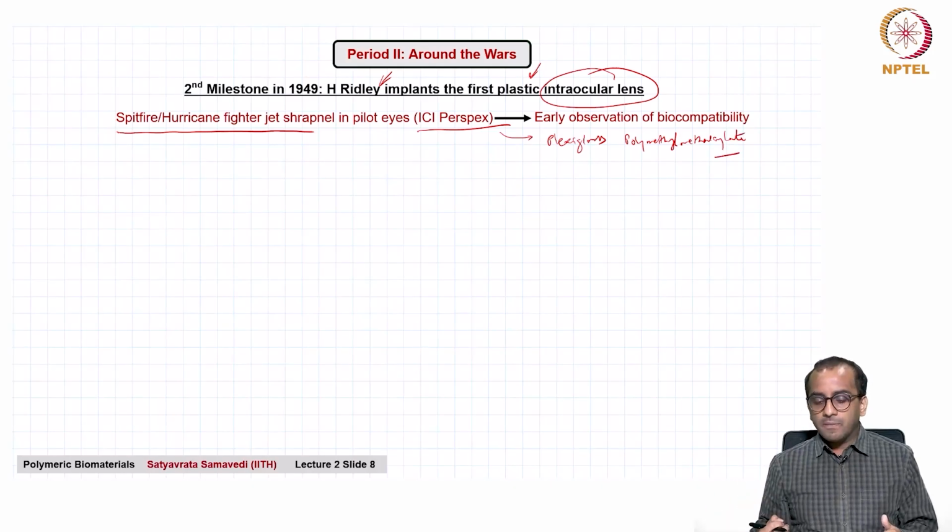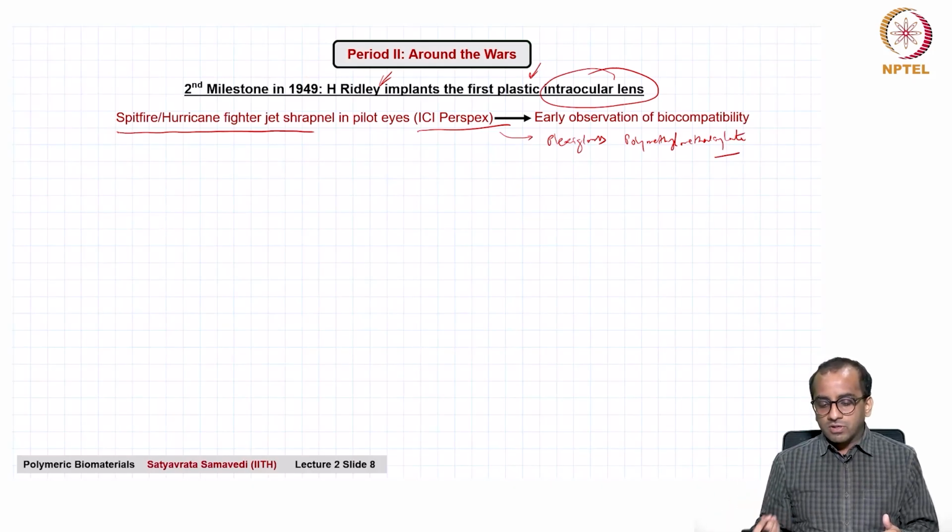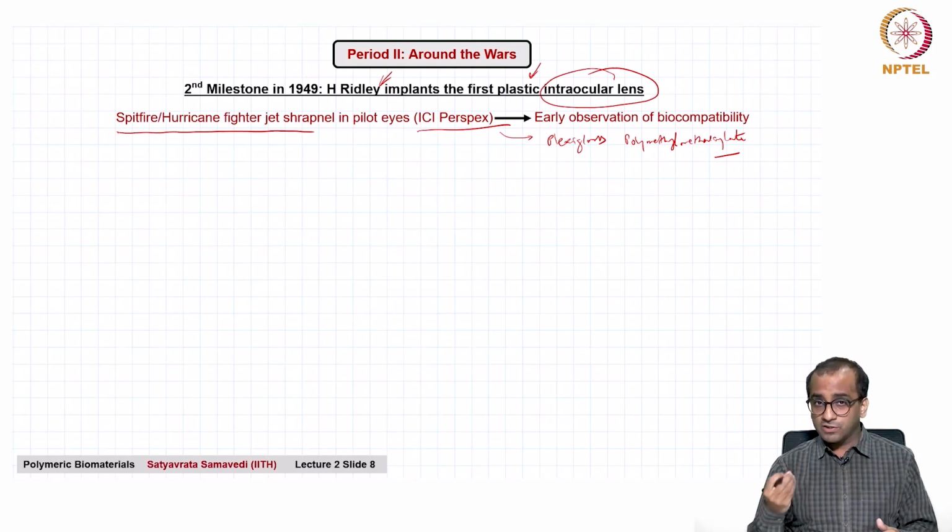It is a polymer, and what had happened was, because the eye was easy to observe, Ridley was inspecting the eyes of these pilots, and he found that the shards of plastic from the plexiglass from the canopies had lodged into the eyes of these pilots and had healed without significant issues.